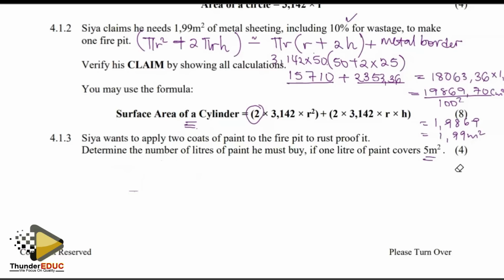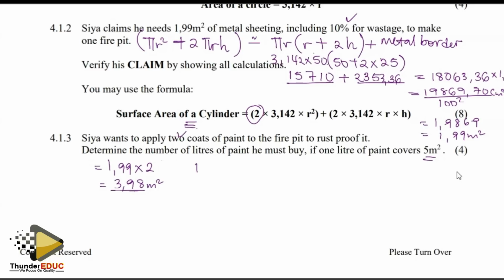Anyway, let's see. Since he wants 2 coats, we shall say 1,99 times 2. So we end up having 3,98 meters squared. I'm multiplying by 2 because of the 2 coats. They're asking to tell the number of liters.